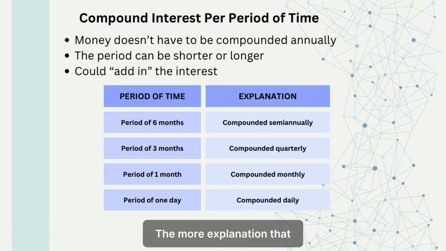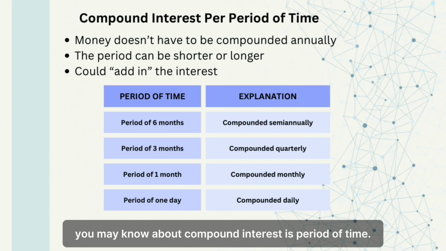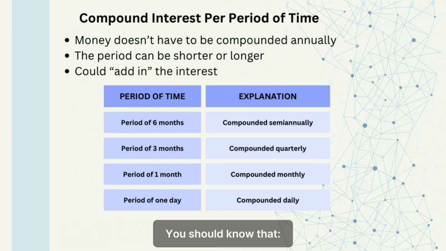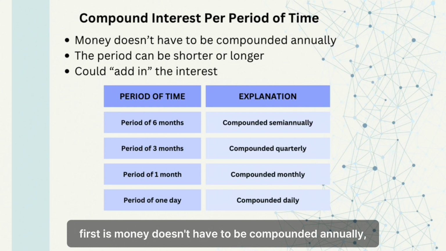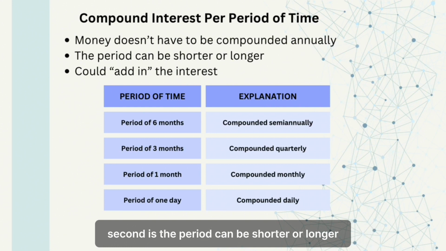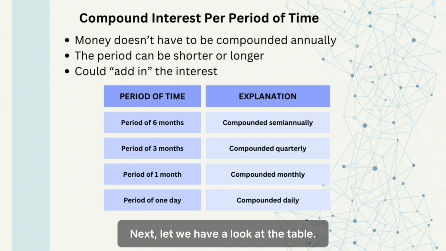The more explanation that you may need to know about compound interest is the period of time. You should know that first, money doesn't have to be compounded annually. Second, the period can be shorter or longer. And the last one is that you could add in the interest. Next, let's have a look at the table.